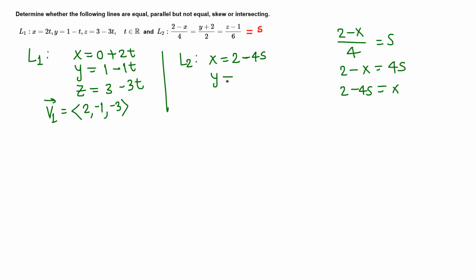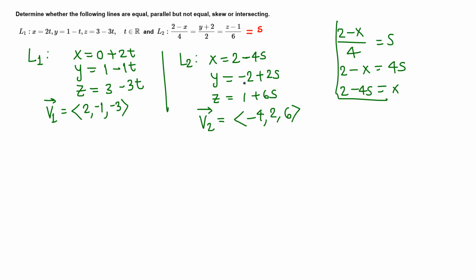Similarly, y equals negative 2 plus 2s, and z equals 1 plus 6s. The direction vector for this line is (-4, 2, 6), or you could have changed 2 minus x to x minus 2, which would give negative 4, and that's what we have here.